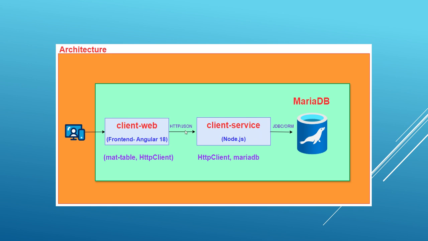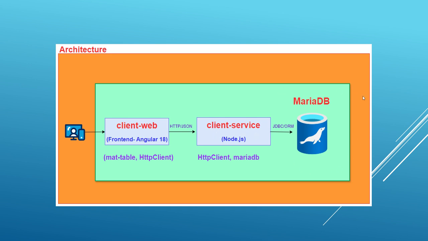On the backend side we are going to create a client service backend application using Node.js, and in that we are going to use the MariaDB module through which we are going to connect to the MariaDB database, and we are going to implement all the CRUD APIs using HTTP methods like get, post, put and delete, and achieve all the CRUD APIs through this client service.